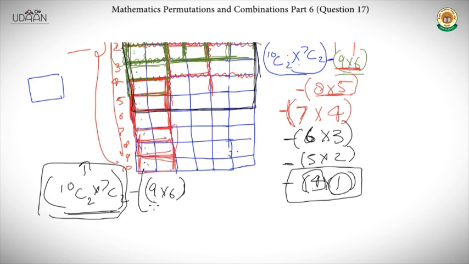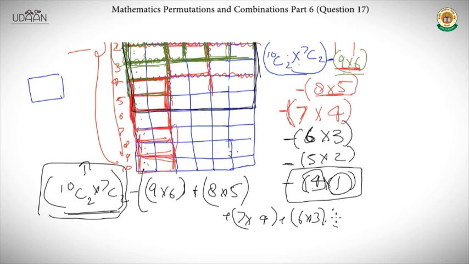Now we are subtracting the number of squares, which are 9 into 6 plus 8 into 5 plus 7 into 4 plus 6 into 3 plus 5 into 2 and plus 4 into 1. This will be our termination step, and thus we get the final answer.